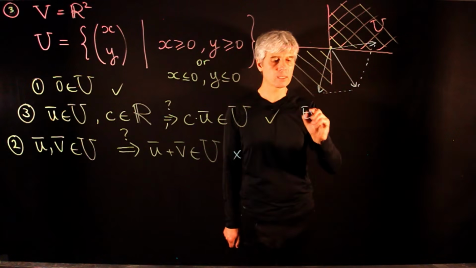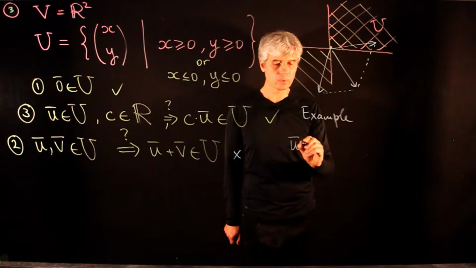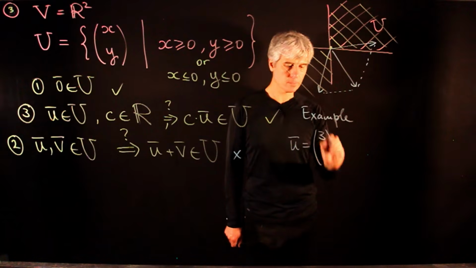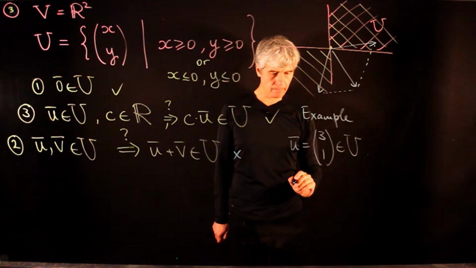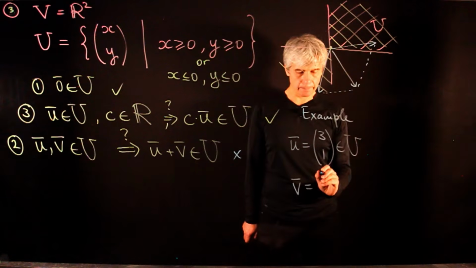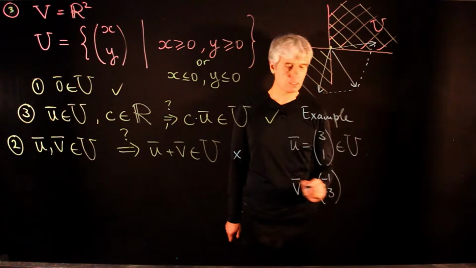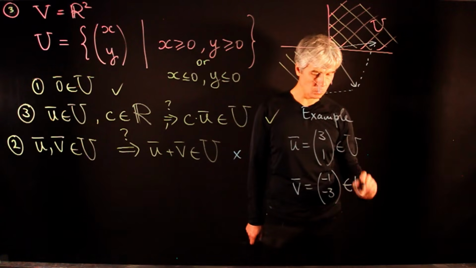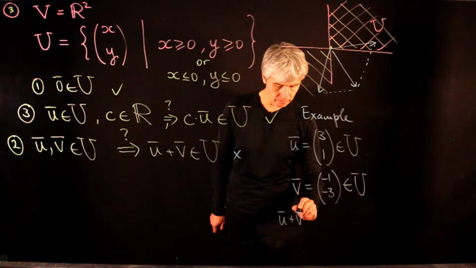And so we can give an example. We take u to be (3, 1). That's certainly in U. And as v, let's take (-1, -3). That's also in U. Now let's consider the sum of these two vectors.